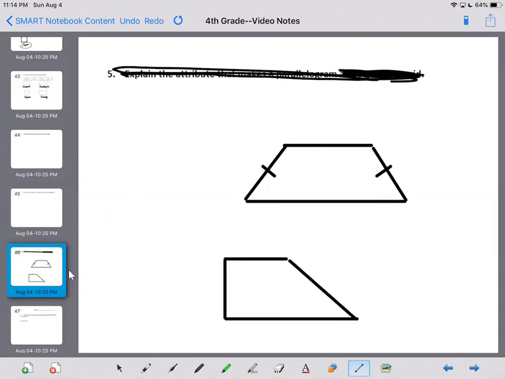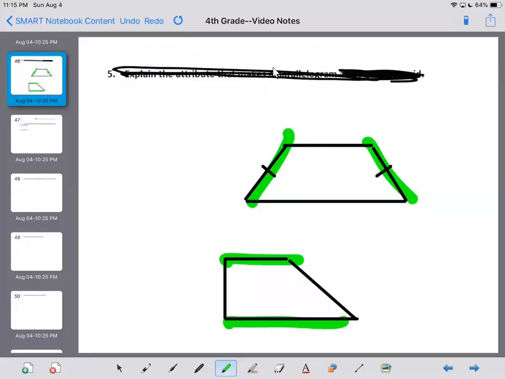And here's just another version of the trapezoid, but you can see it has the 1 set of parallel lines, and then this one has the 1 set of parallel lines. So that concludes task 8.